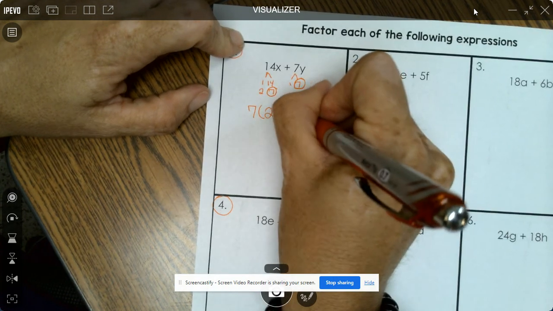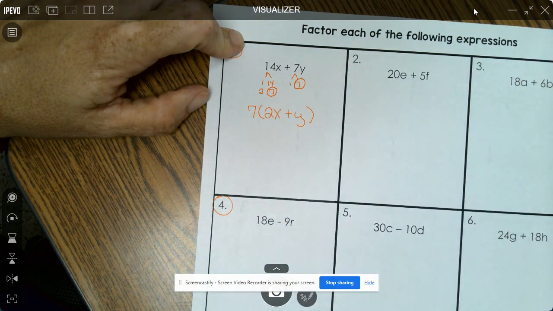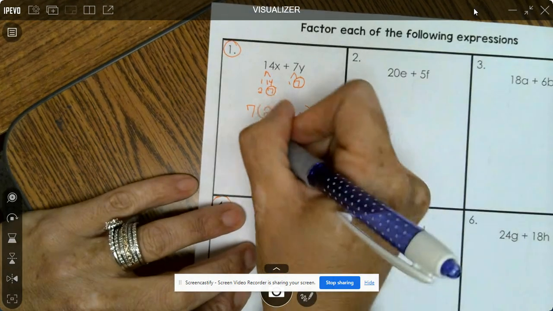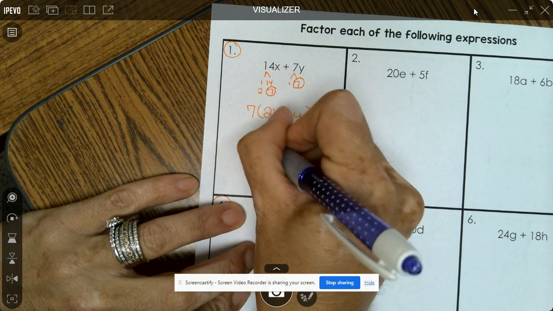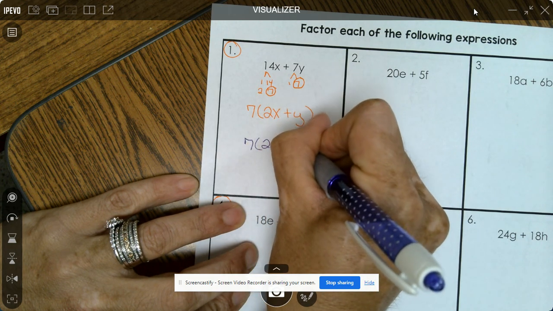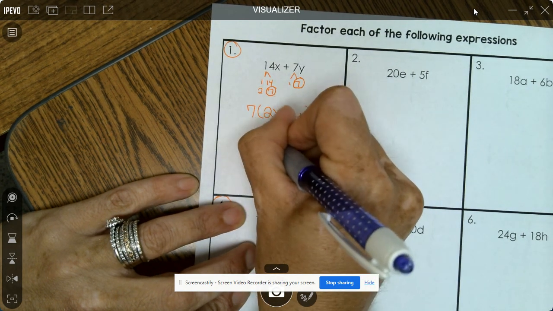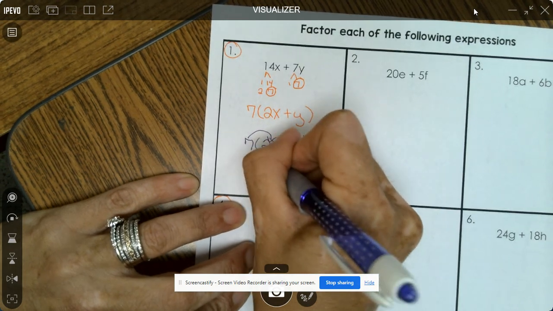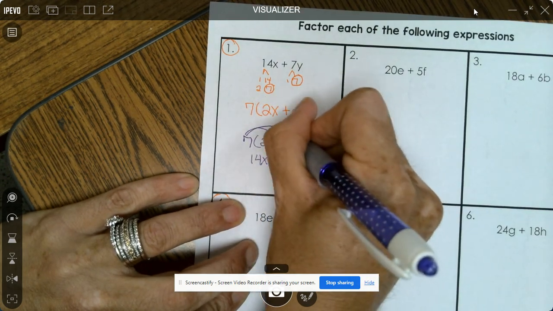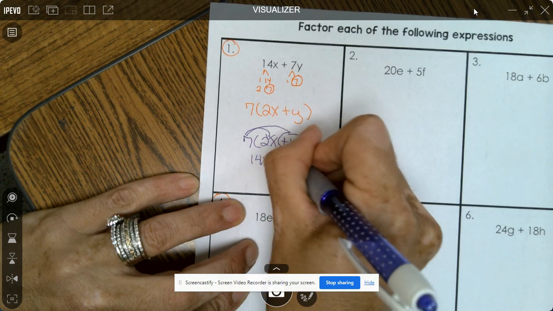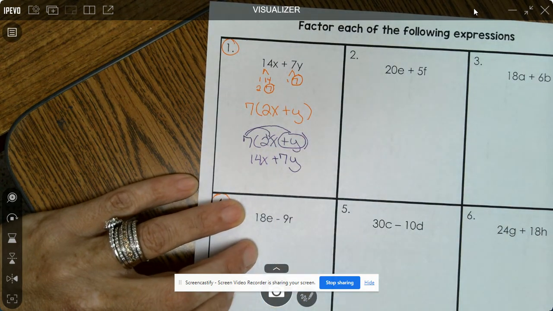Positive. Okay. If I went back and double checked it, 7 times 2x plus y is 14x plus 7y. So I did that one correctly.